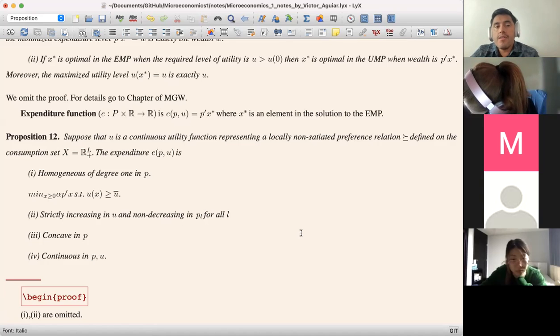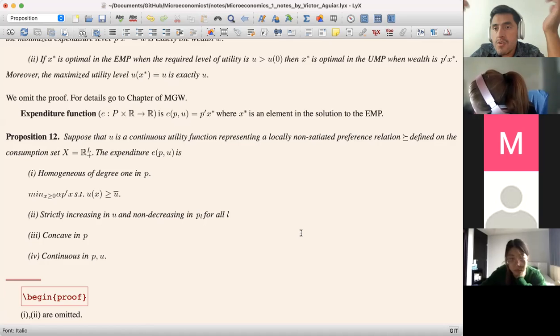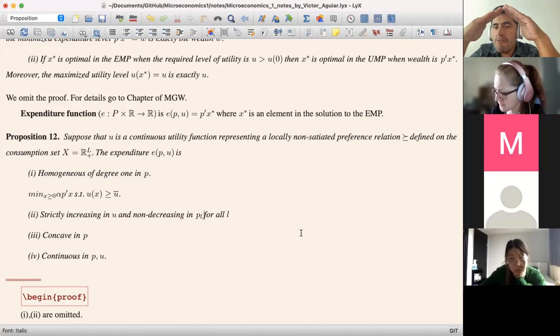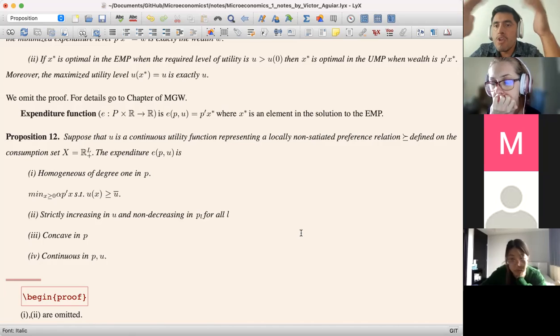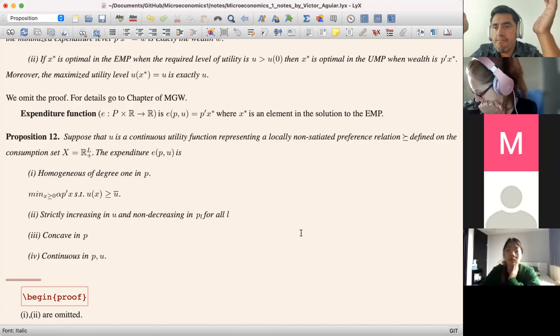And now, important thing, the expenditure function is concave in prices, okay? So concavity, as you remember, is basically a shape constraint on a function. What is a concave function? So remember that if you were looking at one dimension, right? A concave function is essentially the shape of a mountain, right? But more formally, we're going to define it in a second in the multiple variable case.